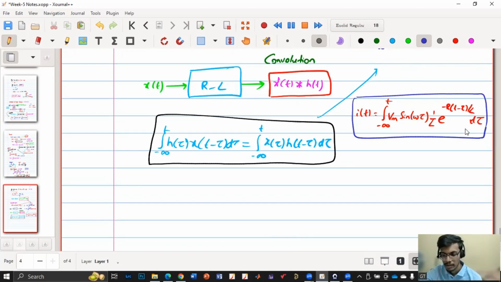d tau. Okay. Now, actually, I can take this small t term out because the integration variable is tau.